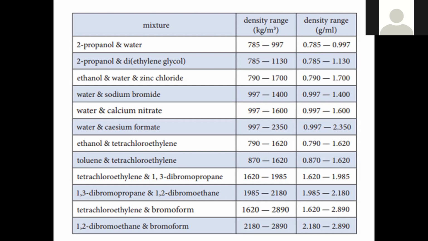Water plus sodium bromide, 0.997 to 1.4. Water plus calcium nitrate, 0.997 to 1.6. Water plus cesium formate, 0.997 to 2.350. In this way, a huge list of different chemicals is available here, and all these are available in liquid state.